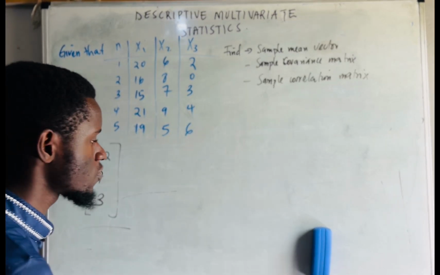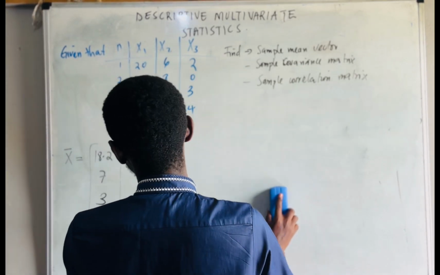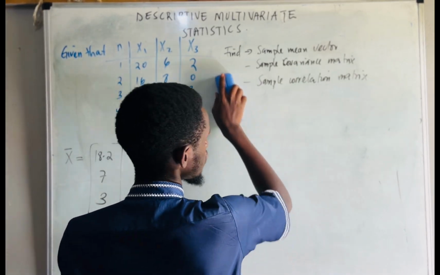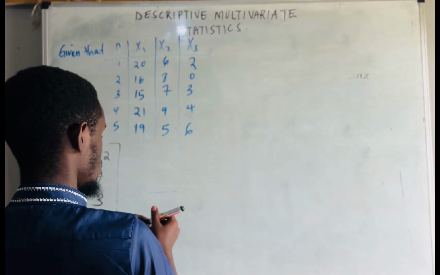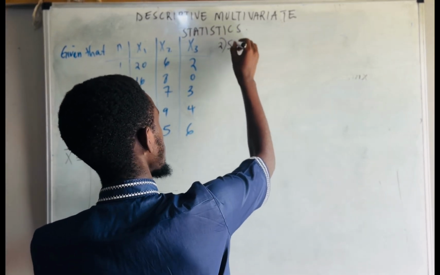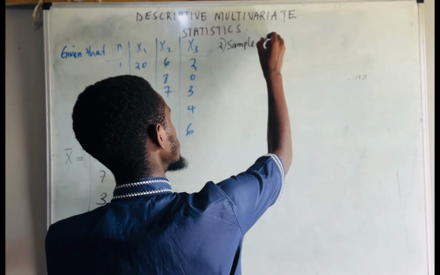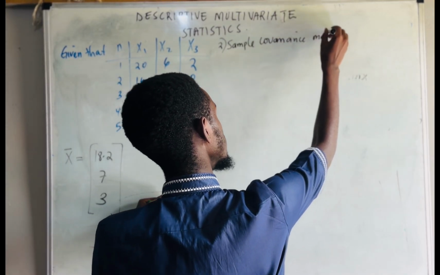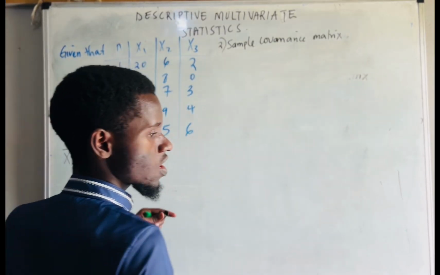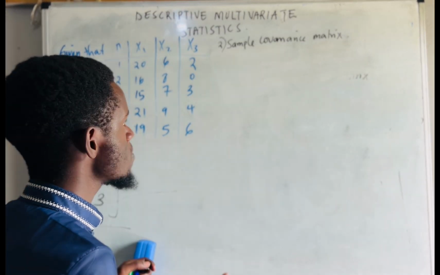We use the formulas. You shall be able to answer these questions; we are answering question 2 now, the sample covariance matrix. Remember, we have our formulas.